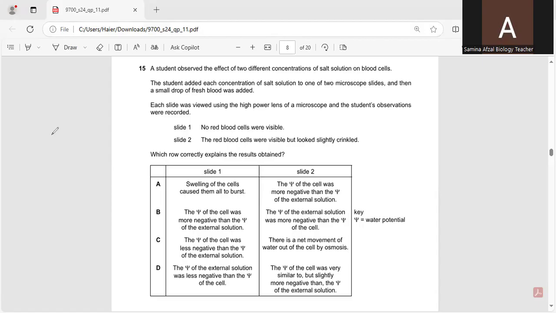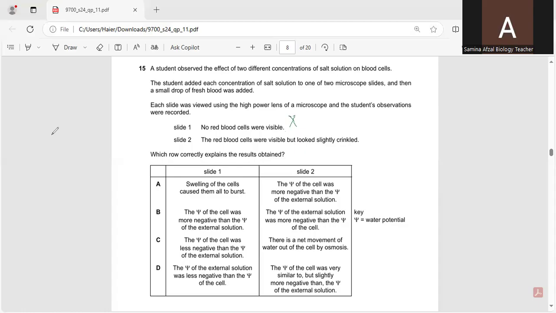Each slide was viewed using the high power lens of a microscope, and the student's observations were recorded. Slide 1: no red blood cells were visible. It means all of them were burst, because water entered into them, and due to the entering of water, they all burst.